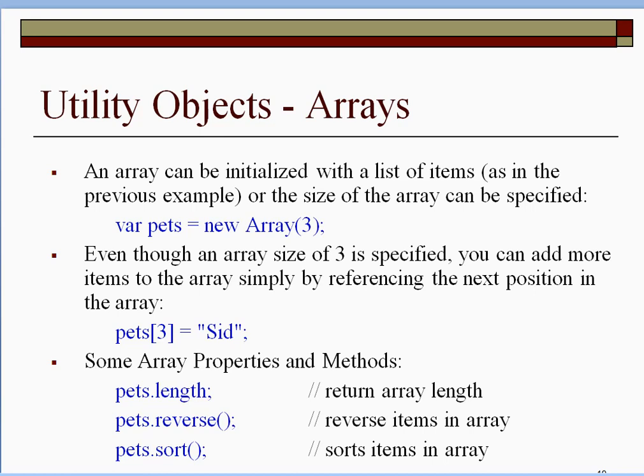Some useful array properties and methods: you can use the length, as we already have seen. You can use the method reverse to reverse the order of the array, bring the first element last and the last element first, and the whole array reversed accordingly. Or you can sort an array, lexicographically that is.